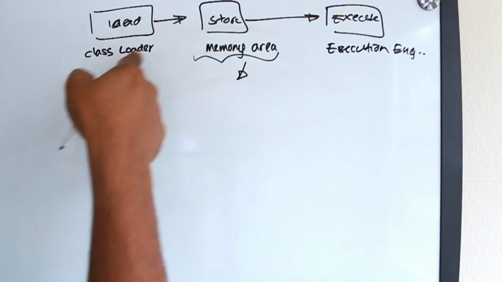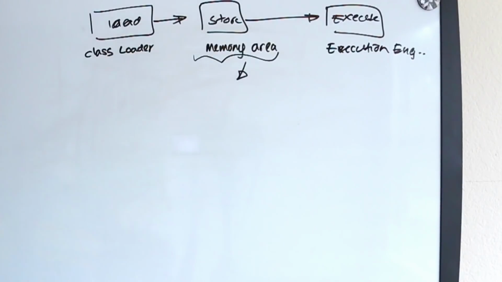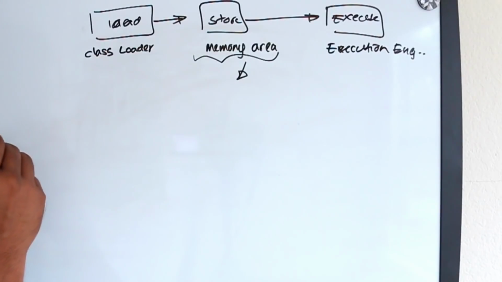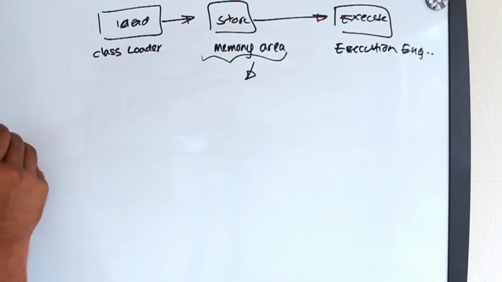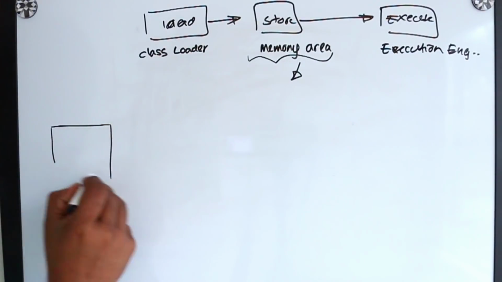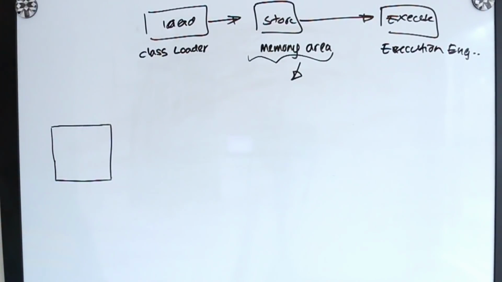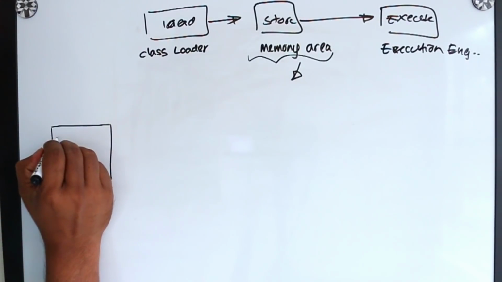I'm going to discuss the class loader and execution engine in different videos because there are a lot of things to discuss. This memory area is divided into a few sub-areas, so let's discuss them one by one. One is the method area.